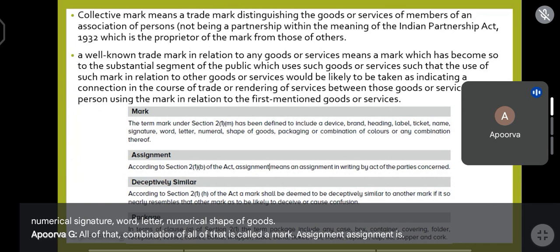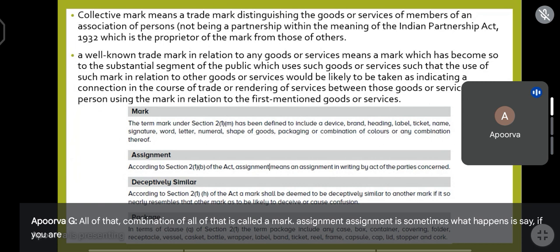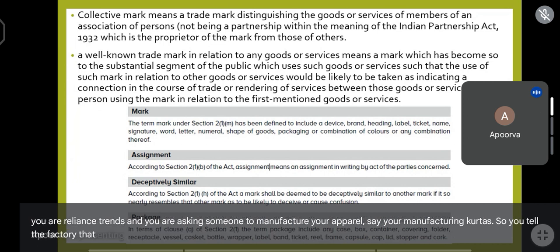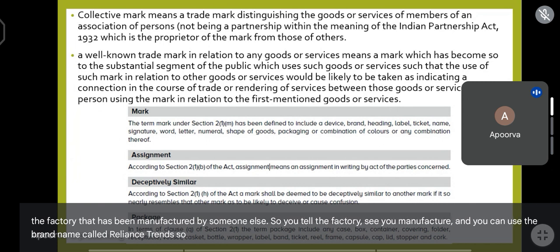Assignment: sometimes what happens is, say you are Reliance Trends and you are asking someone to manufacture your apparel, say kurtas. So you tell the factory, you manufacture and you can use the brand name Reliance Trends. So on all the kurtas, you print a label called Reliance Trends.